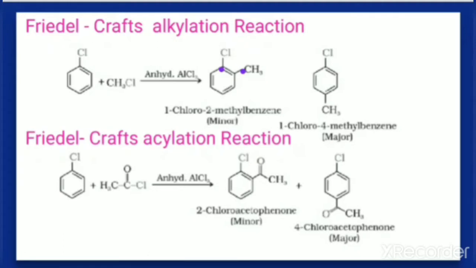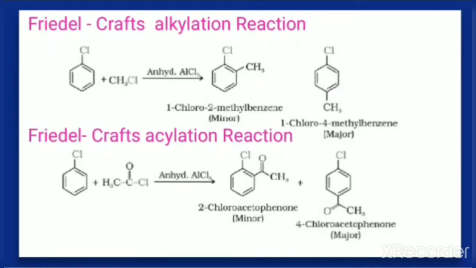The second product is 1-chloro-4-methylbenzene, because when you see that the methyl group is at the fourth carbon, when you count from here 1, 2, 3, 4, it is on the fourth carbon. Therefore it is called 1-chloro-4-methylbenzene. So in this reaction also, substitution is taking place at the ortho and para positions. From this, the major product is this.